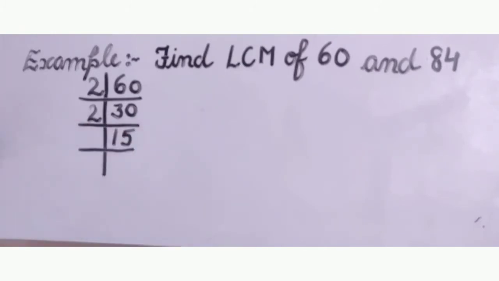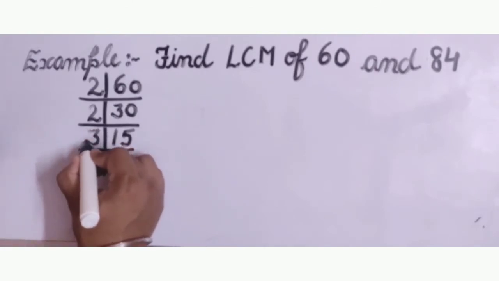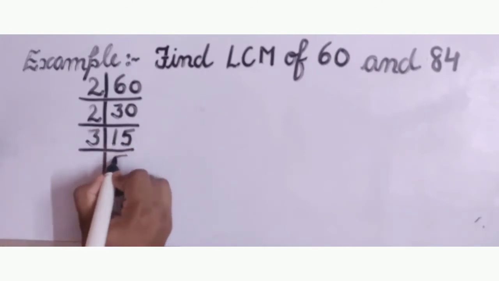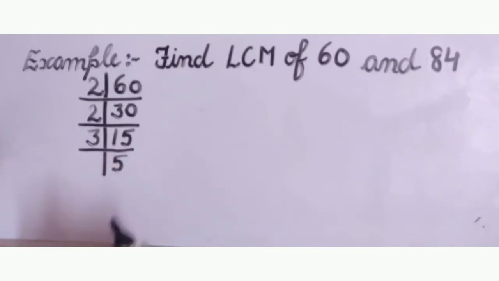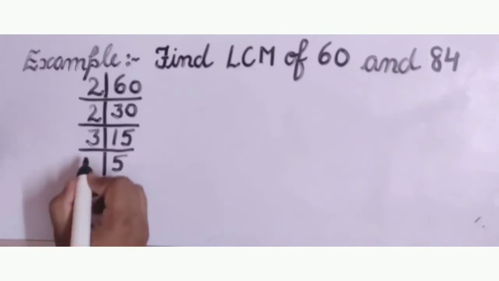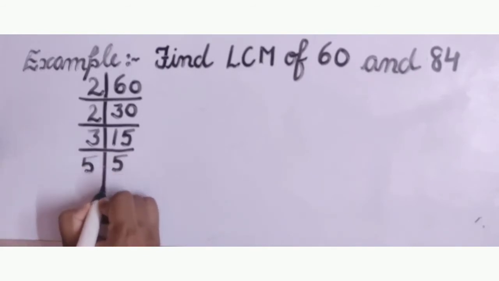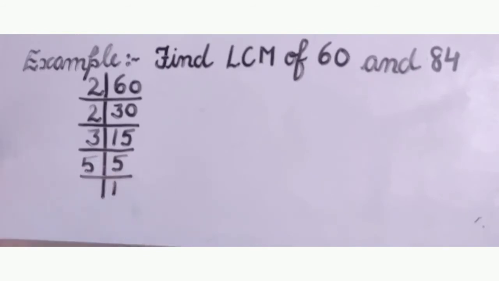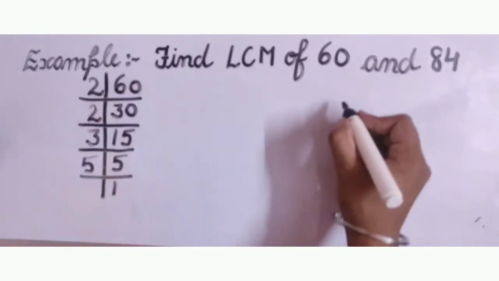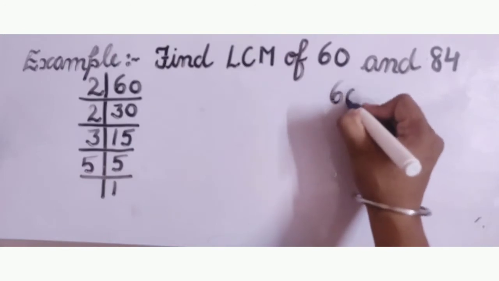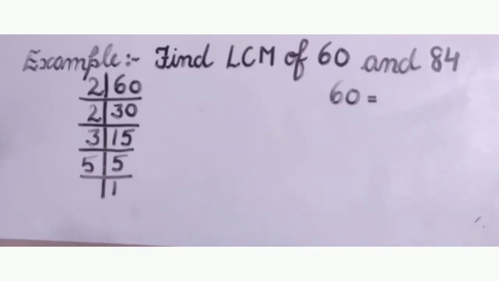No. So we will try to divide it with the second prime factor, that is 3. 3 fives are 15. Now 5 can only be divided by 5 because 5 is a prime number. So 5 ones are 5.